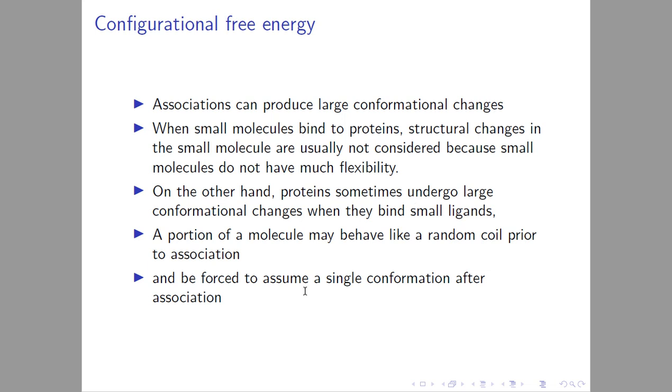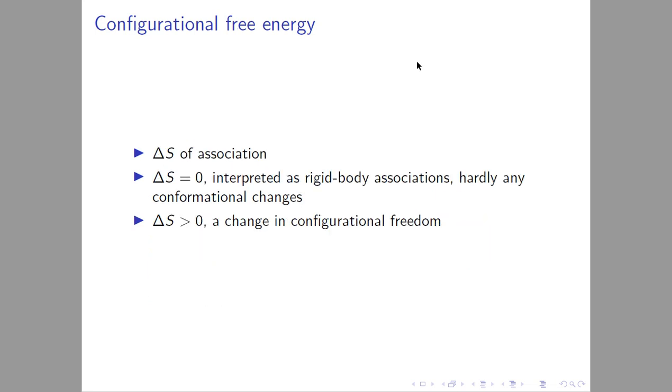So here you can see the random coil, say the L shape, but when it binds with the ligand, it becomes the V shape, for example. Now the entropy of solution: when delta S equals 0, it is interpreted as a rigid body association, with hardly any conformational change. So if A is an L shape, then C is also an L shape.